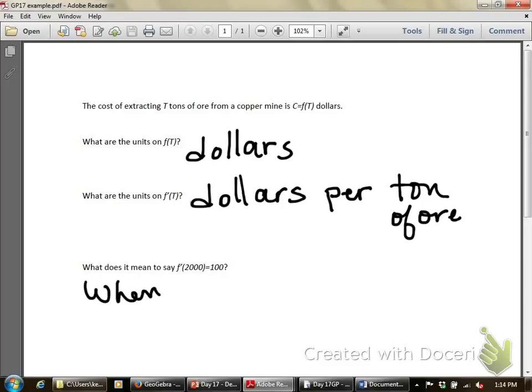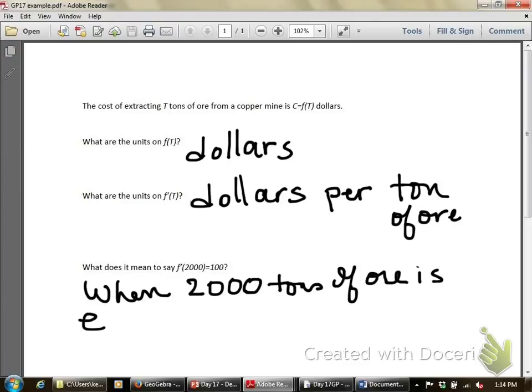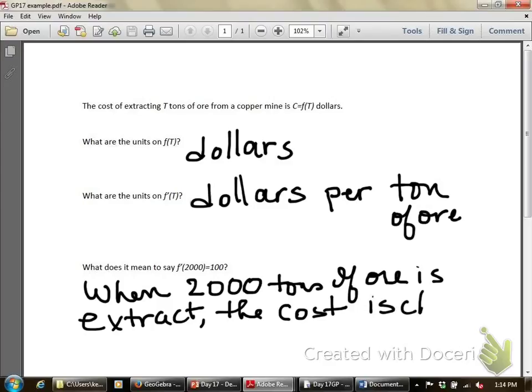So when 2,000 tons of ore is extracted, the cost is changing. Well, I'm running out of room.